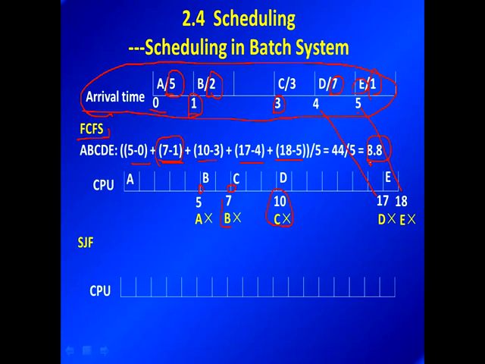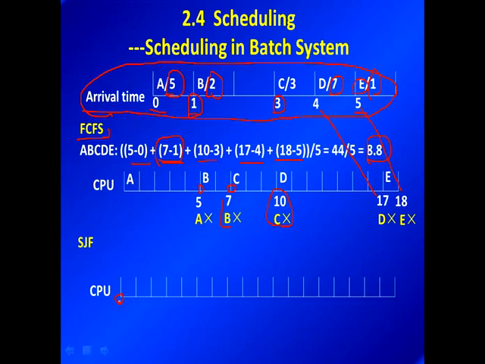Because you can see at the very beginning, you can't just select job E to use the CPU. Because at the very beginning, there is only one job in the system. At time zero, B, C, D, E haven't arrived at the system yet.